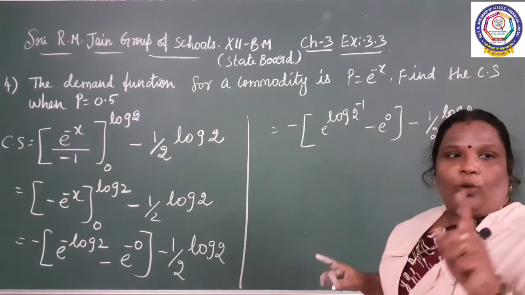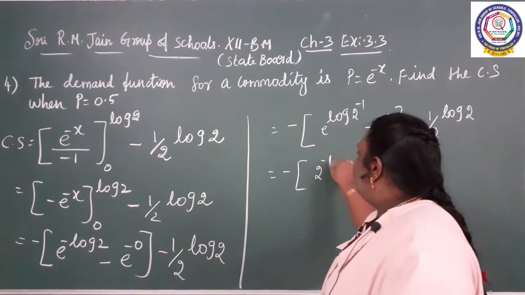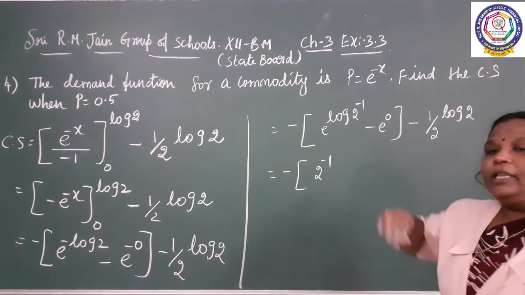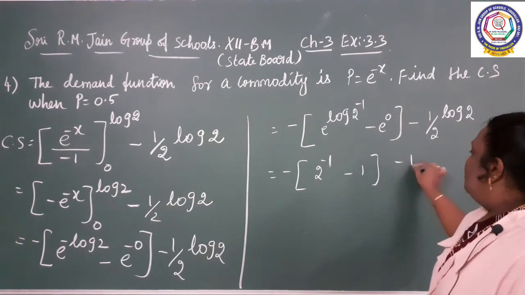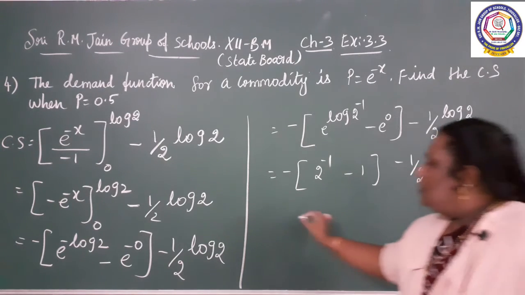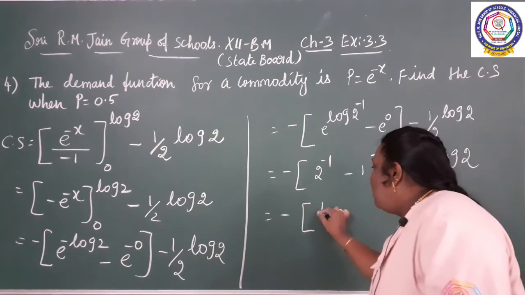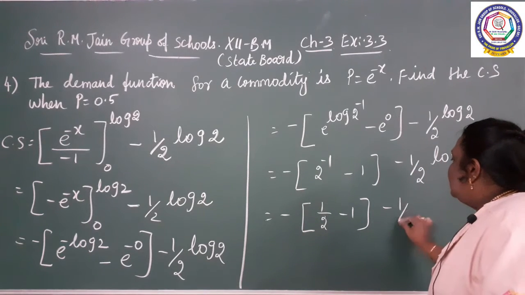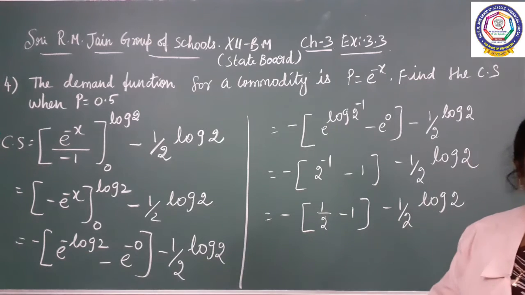E power log value is 1, so it gives minus 2 power minus 1, and anything to the power 0 is also 1, minus 1, minus 1 by 2 log 2. We can write 2 power minus 1 as 1 by 2, minus 1, minus 1 by 2 log 2.